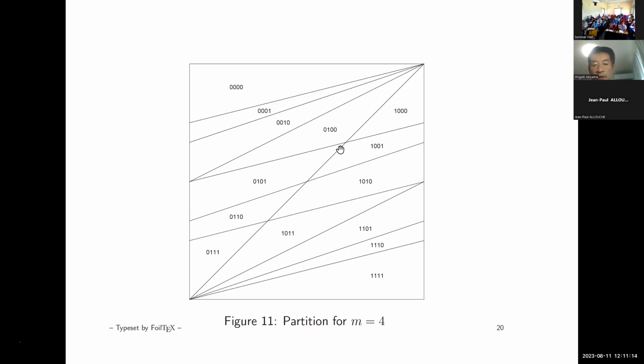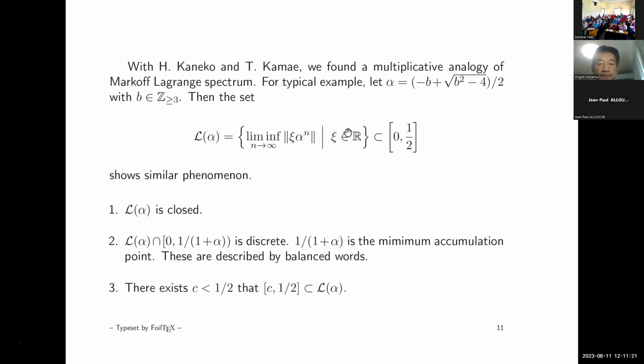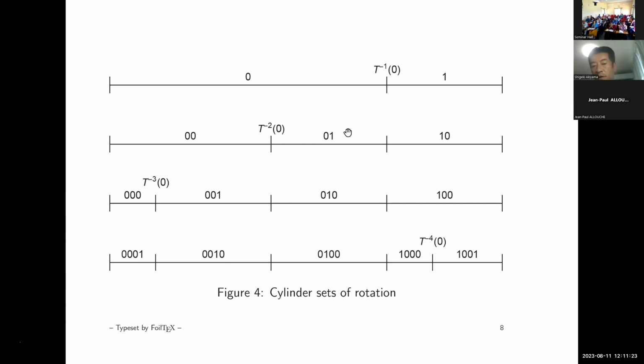And so now we look at this coding. Coding is given in this way. So as I said, given this rotation alpha, these 5 words correspond to the balanced words of length 4 of slope alpha.